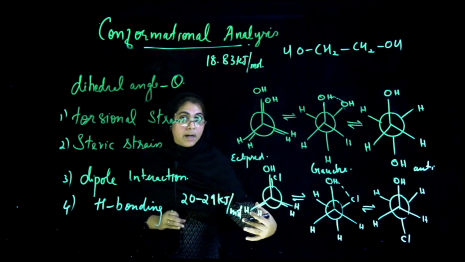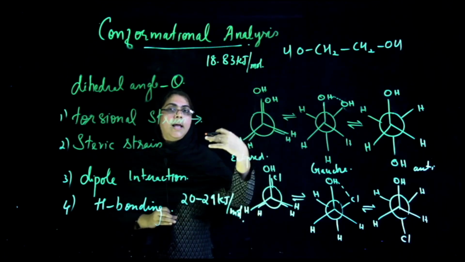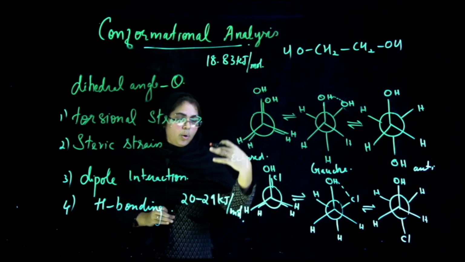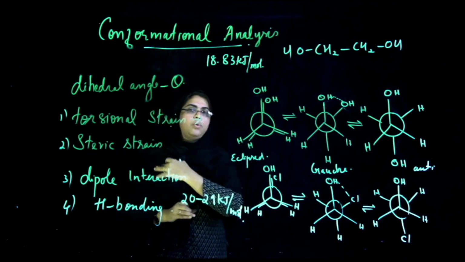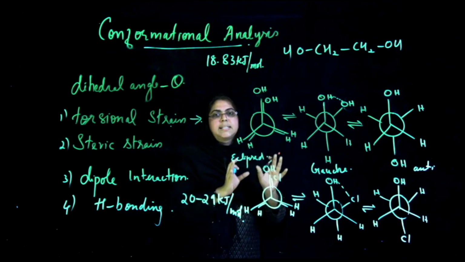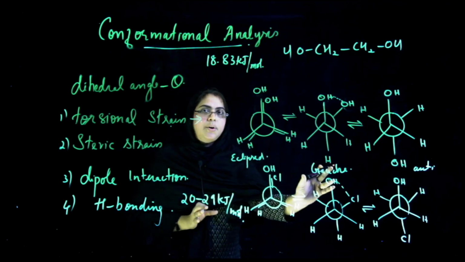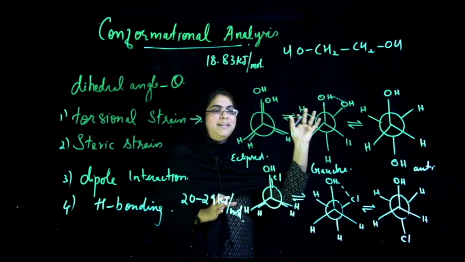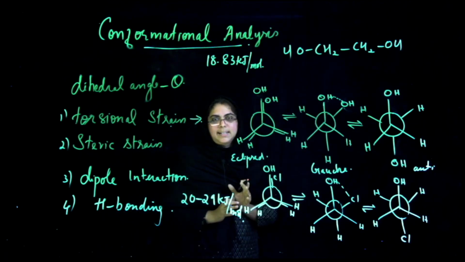When we come to ethylene glycol and chlorohydrins, hydrogen bonding will be more pronounced, and in such cases, Gaussian conformations will be more stable than anti or staggered conformations. Okay, thank you.